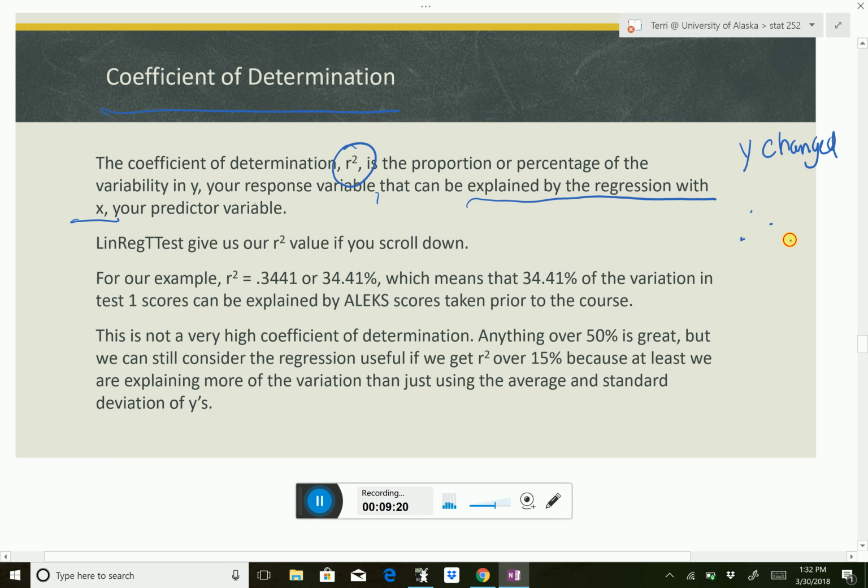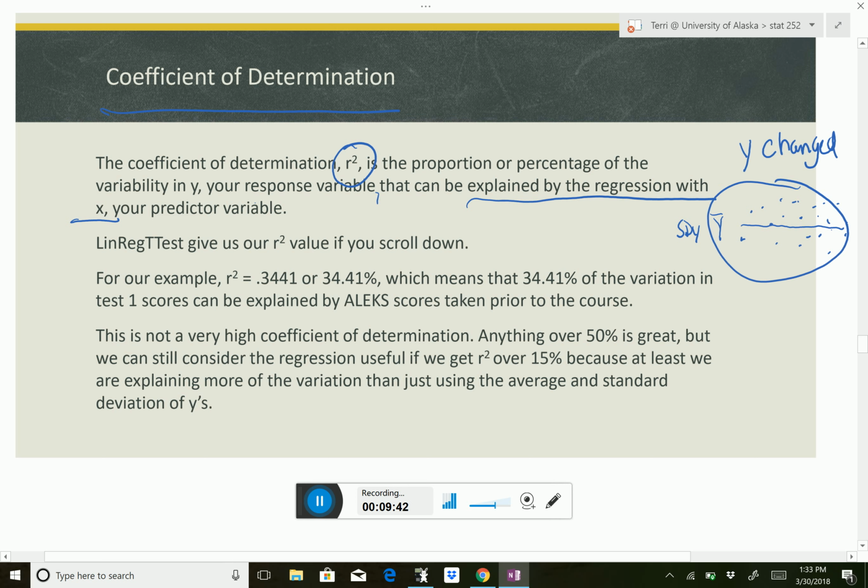Y is this, and then this, and then this, depending on what X is. Now, if you have something that kind of looks like that, you kind of have a blob. So really, all you would want to do is just look at maybe Y bar and the standard deviation of Y to analyze this data.